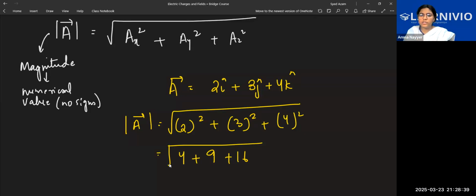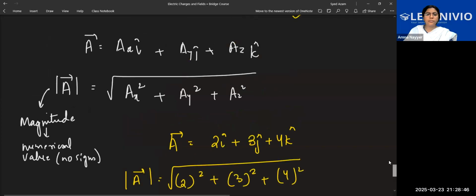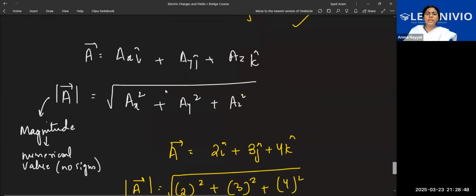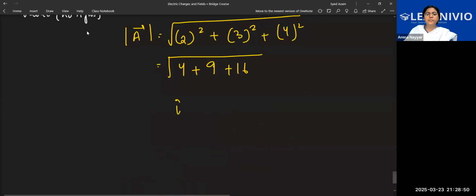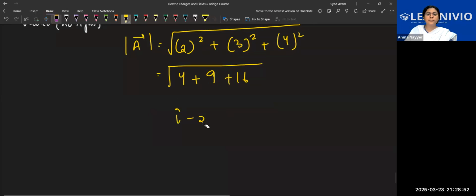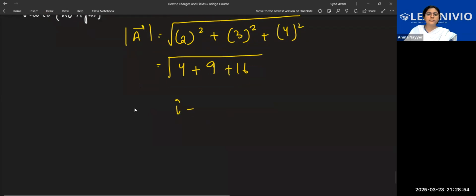Whatever values are given in the coefficients, even if it's a negative number, let's see the next one, B vector. B vector is i cap minus j cap plus 2k cap.